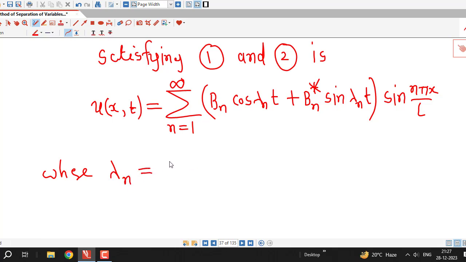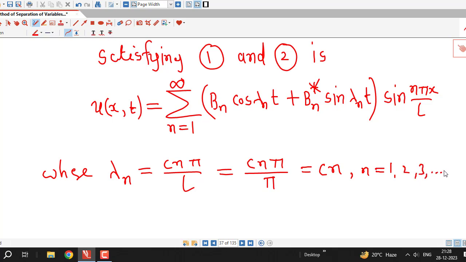Lambda n is given by c n pi divided by L. Here length of the string is pi, so if we put L equal to pi, we have lambda n equal to c times n, n equal to 1, 2, 3 and so on.